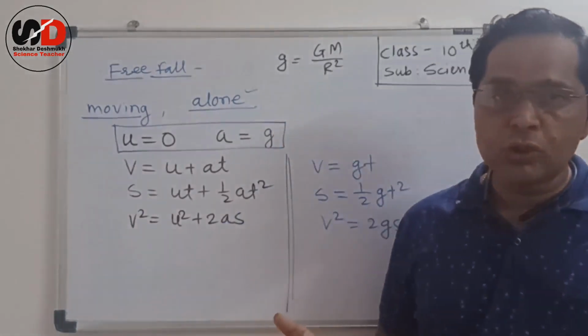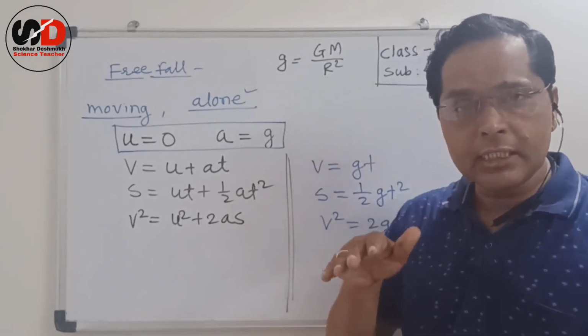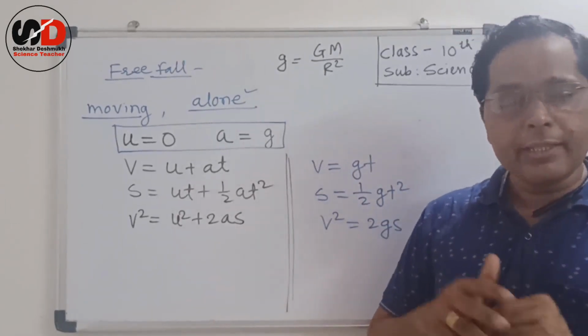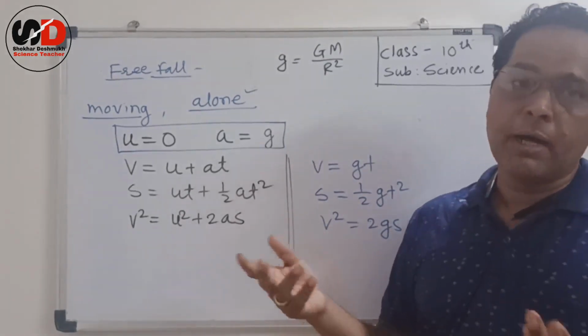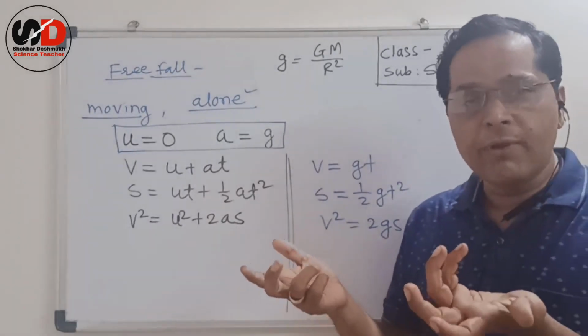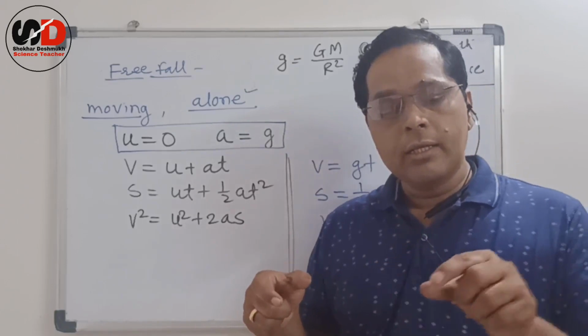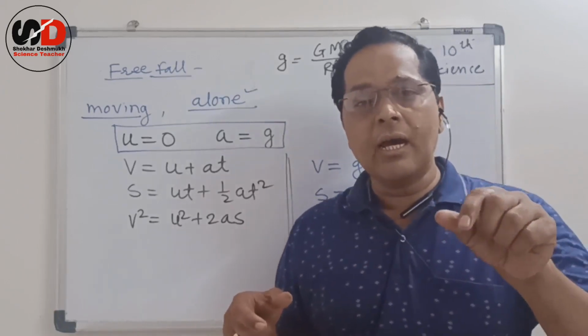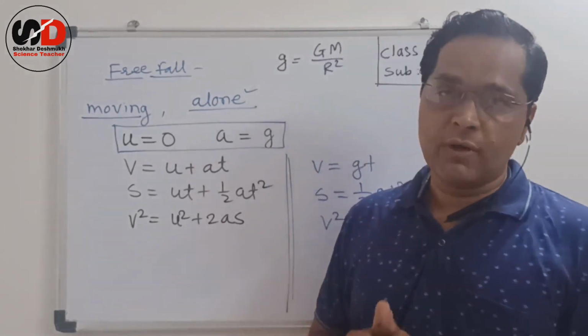So frictional force is nothing but friction of air, the resistance of air, and this depends on the volume of the object and the mass also. The mass of the ball is very much heavier than that of the paper, and therefore the air cannot resist it more, and it falls down fast.